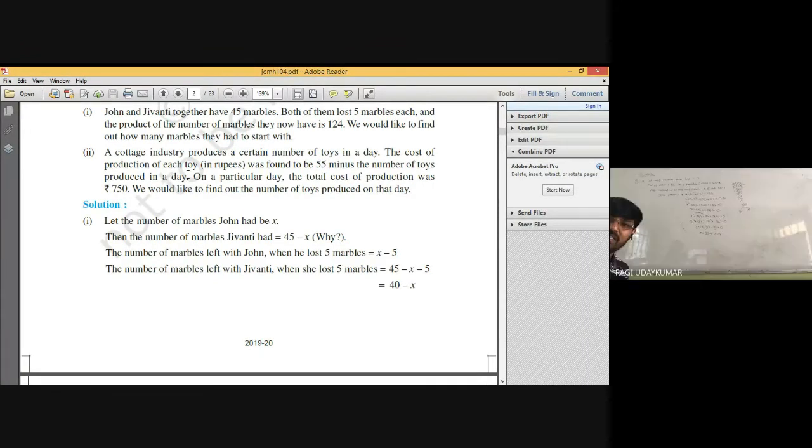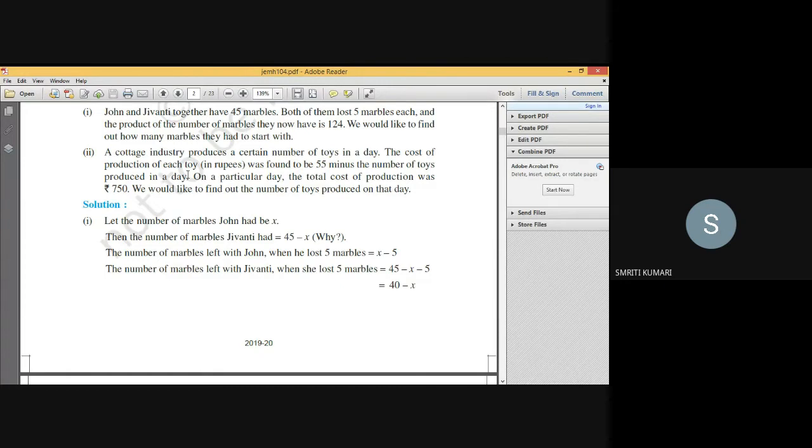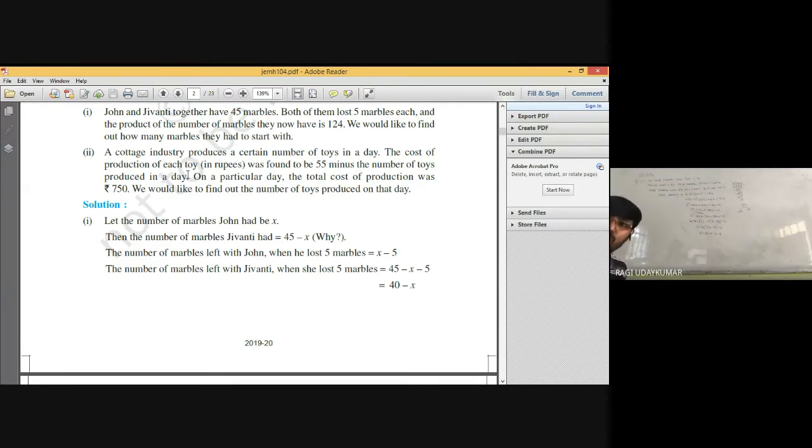Sir, the question which you have solved on the board has two solutions. So whenever we solve it, we will also write the two solutions with the numbers given for both persons. Yes. If it is possible for both, two solutions should be written.